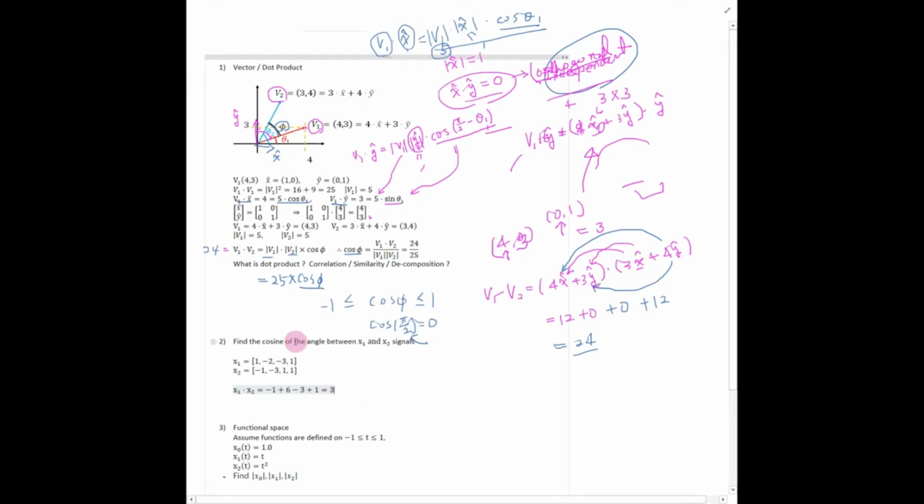But we would like to find the cosine value of the angle, so we need to find cosine phi.